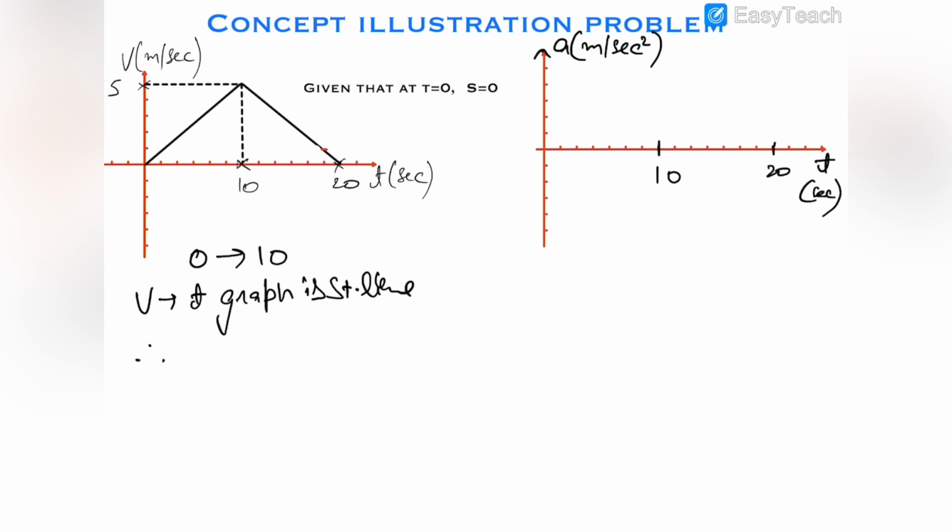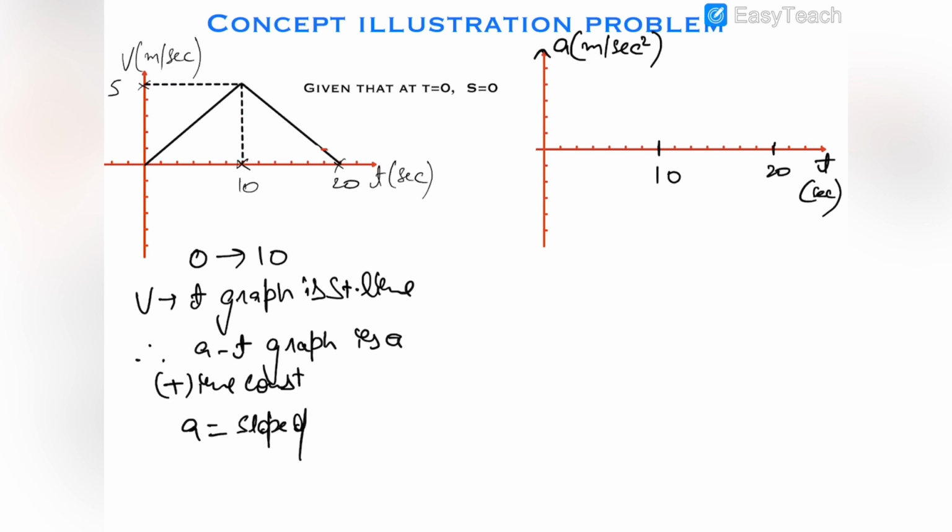So we can say that the AT graph would be a positive constant. Why are we saying positive constant? Because the VT graph is a straight line going up. The acceleration would be the slope of the VT graph.